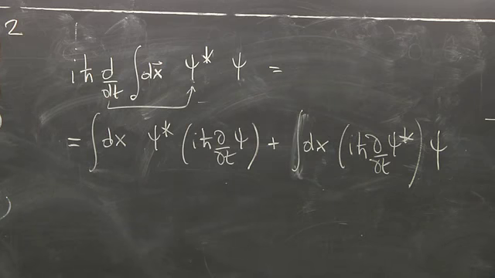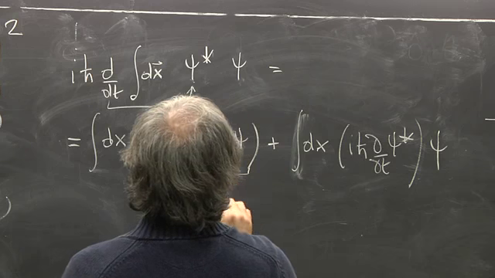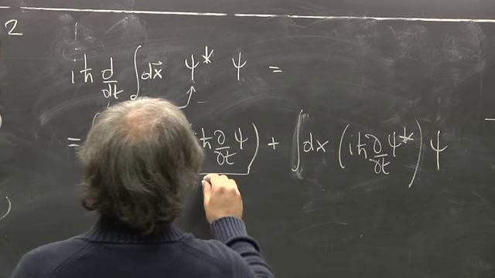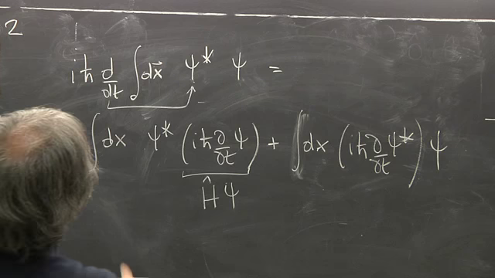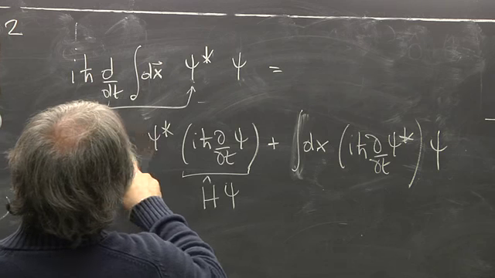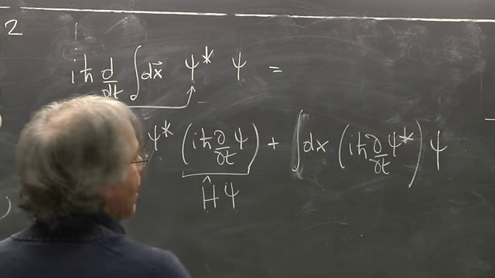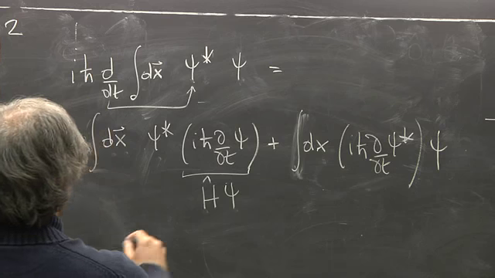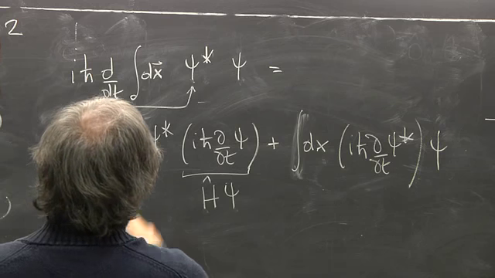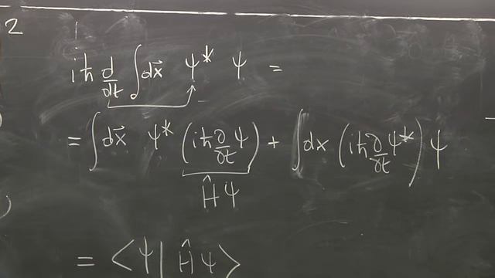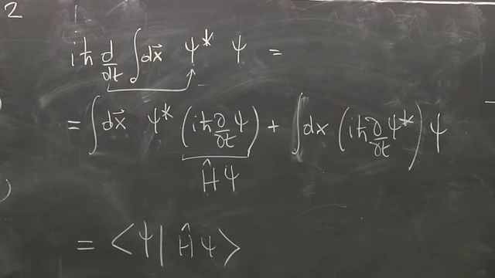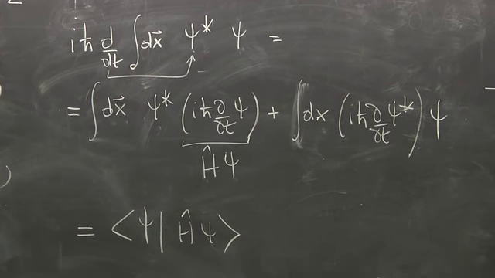Do you follow? Okay. Now this object here is H psi, according to my Schrodinger equation. Okay? And what is this then? Integral in dx of psi star H psi. Let us write fancy. Psi, H psi. Right? Because this is just a scalar product. Okay.